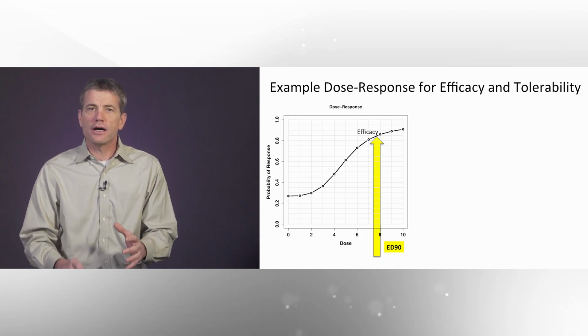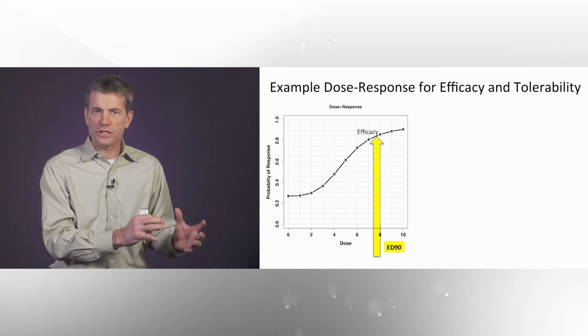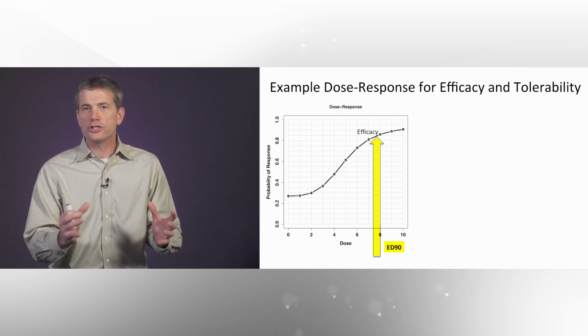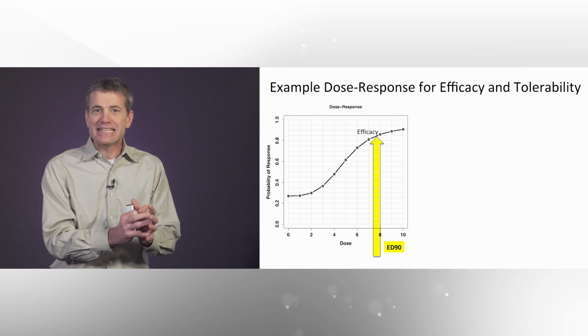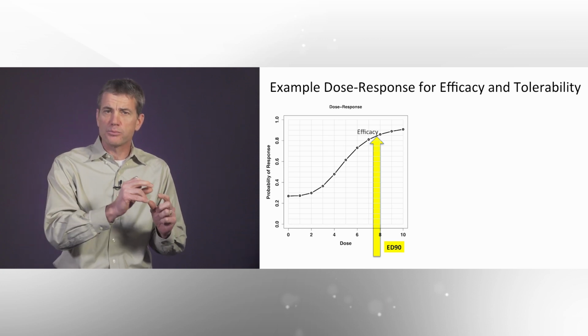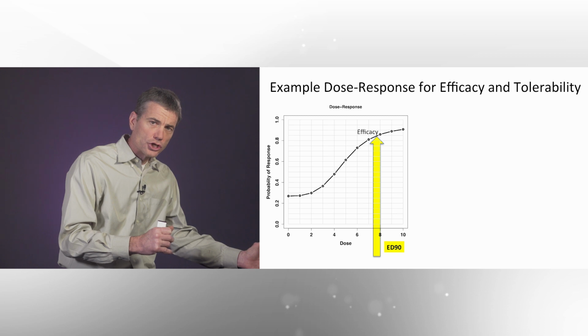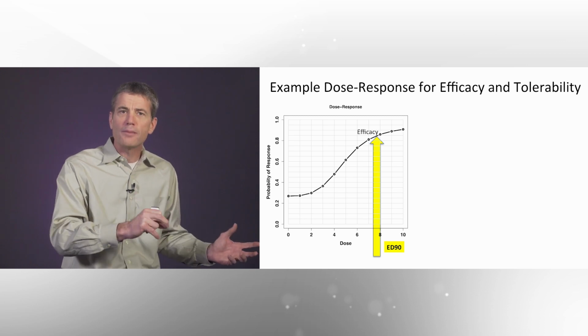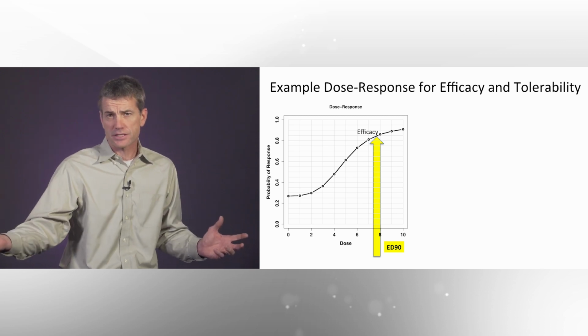So this is an example efficacy curve over a range of doses. You can see these 10 doses across there, and the black line on this curve represents the probability of a positive efficacy outcome.